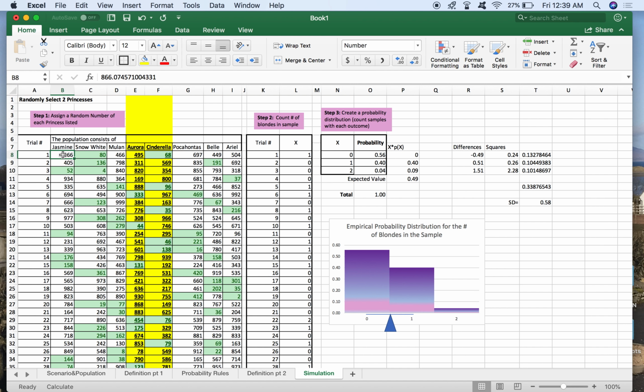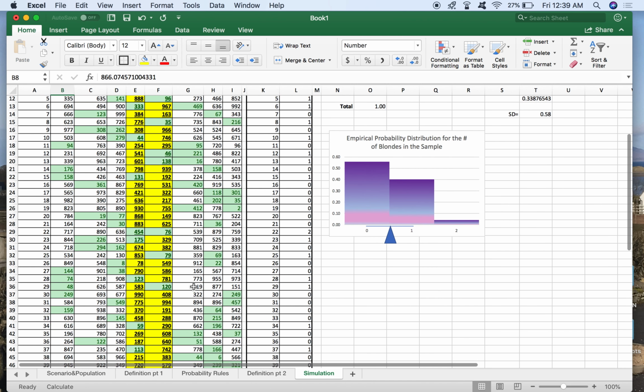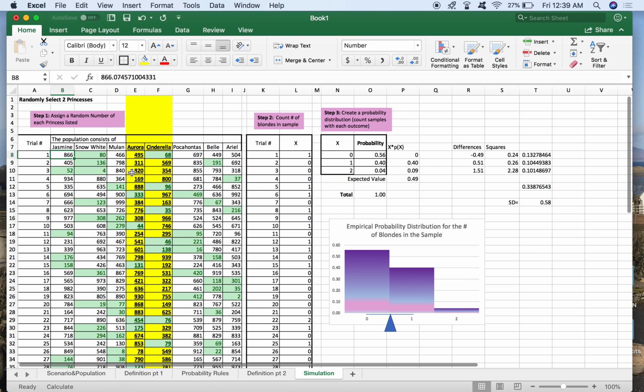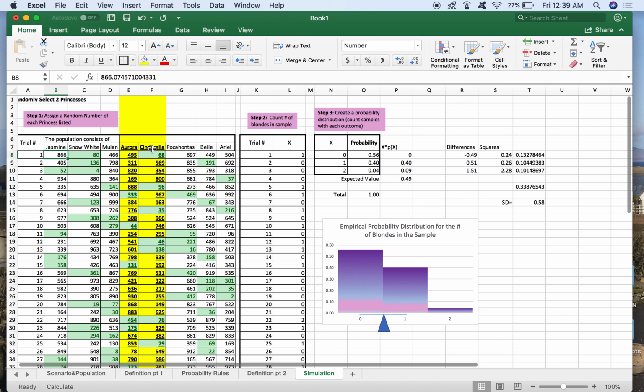So I did that, and I dragged it across to get the first set of numbers, and then I dragged it all the way down. I had to redo it because I messed it up when I hit auto calculate or calculate now and had to redo the whole thing. Fun. But so I dragged it all the way down, and then I made sure to copy and paste the first row to the values, and then I hit calculate now to find the rest of them.